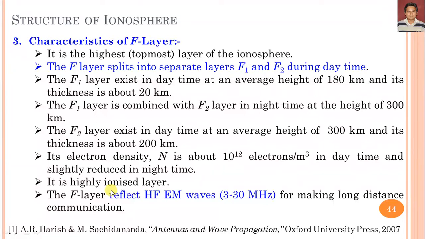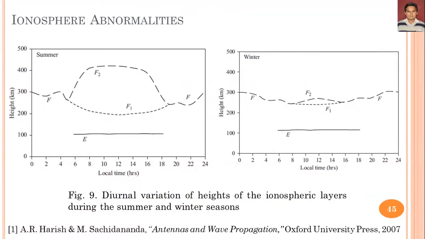The D layer does not reflect the EM waves in the high frequency region, but the E and F layers exist in day as well as in night time, and these layers reflect electromagnetic waves in the frequency range of 3 to 30 megahertz, and the electron density is maximum in the F layer. So we can say the F layer is the highly ionized layer.